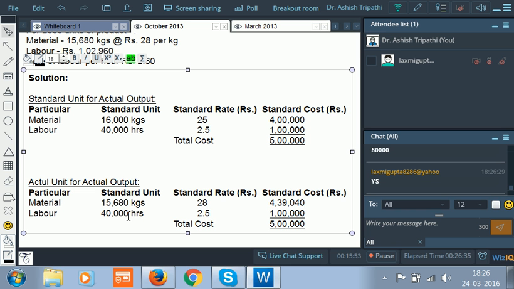Same way, let us write for labor as well. But in case of labor, if you see, total cost is given. So let us modify this: actual unit, actual rate and actual cost.